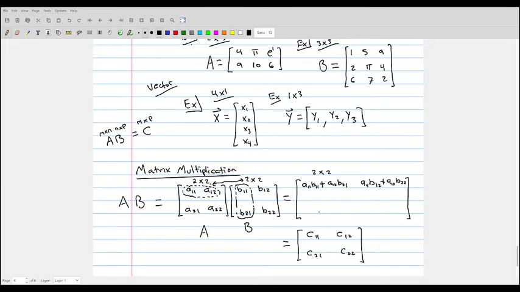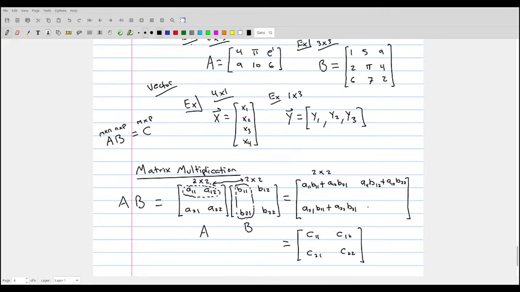C21, this matrix multiplication, is going to be A21 times B11 plus A22 times B21, because it's the second row entries multiplied by the first column entries, added together.